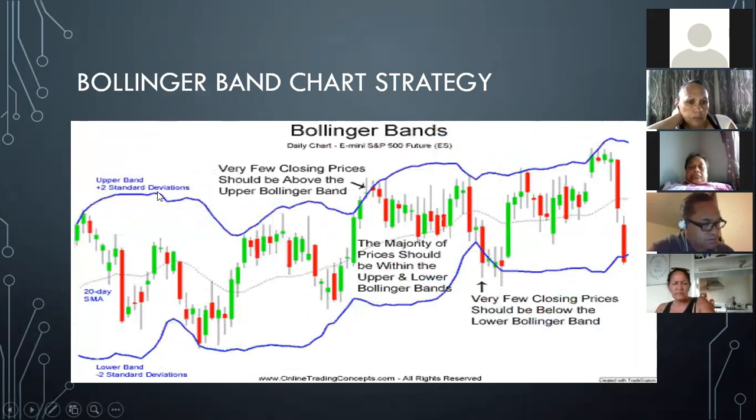So you've got a top band here, this big blue line, and you've got the bottom band here, this bottom big blue line. That's basically what a Bollinger Band is. You're applying these two bands to a chart, and it's going to give you an indication of how the chart is moving and what we can identify in order for us to help us make positive trades.